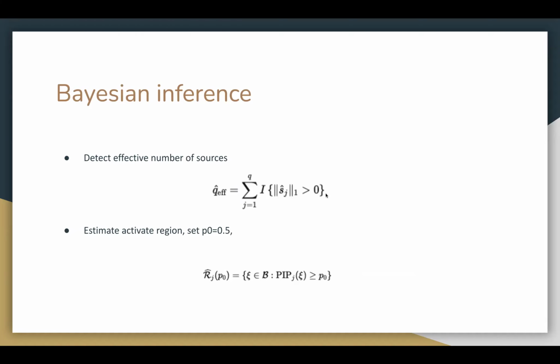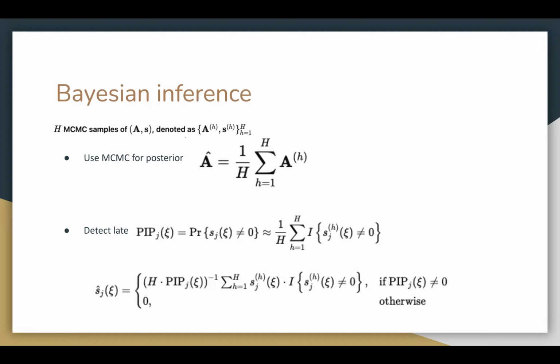And by averaging, for the ratios above 0.5, out of their total eight samples. So PIP of j is the posterior probability of j, right? And the total is just the sum over j, right? For the joint probability, over samples.